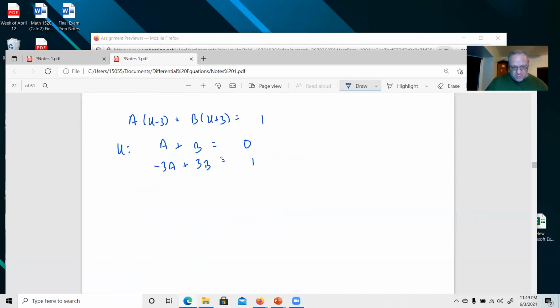All right, well, let's multiply this guy by 3. 3a plus 3b is still equal to 0. Negative 3a plus 3b is still equal to 1. Add those together. That cancels. We have 6b is equal to 1. b would be 1 over 6. Looking at what a has to be from the first equation, by inspection we could say a must be negative 1 over 6.